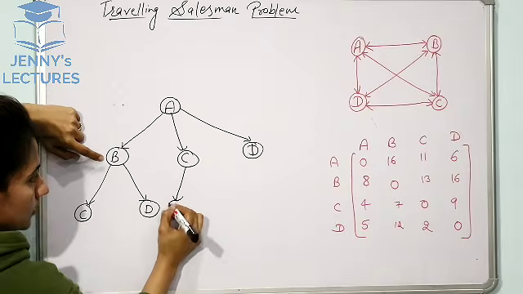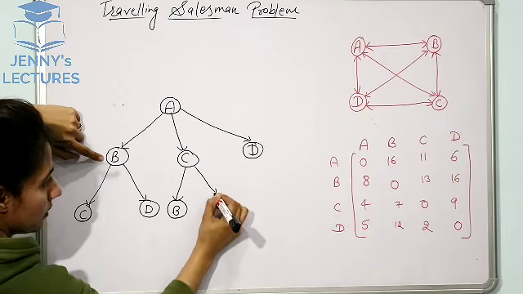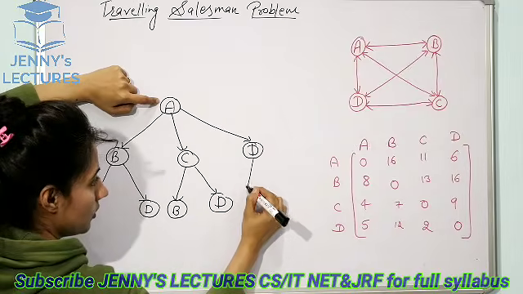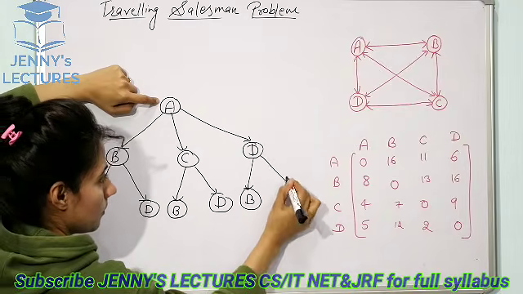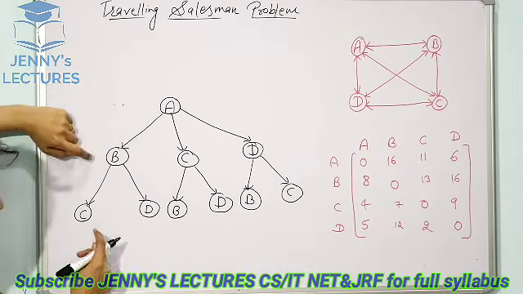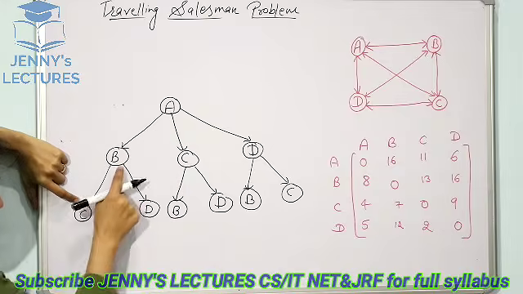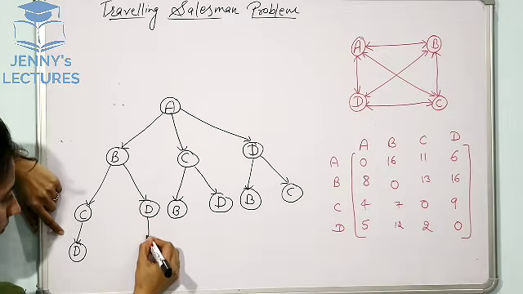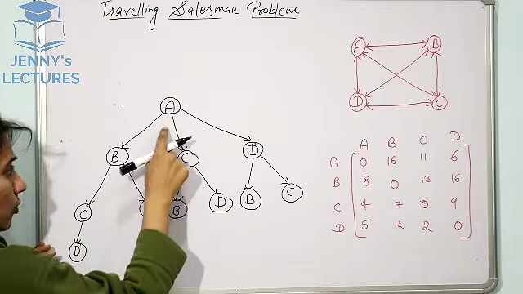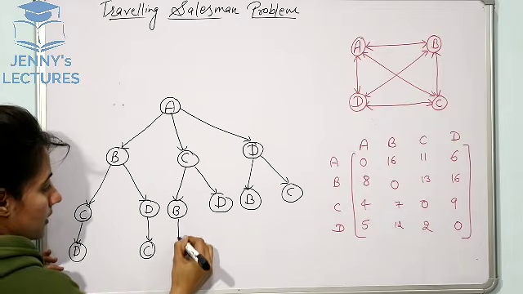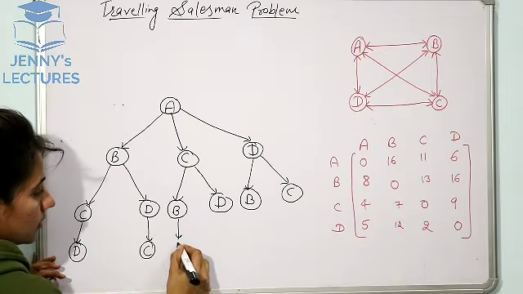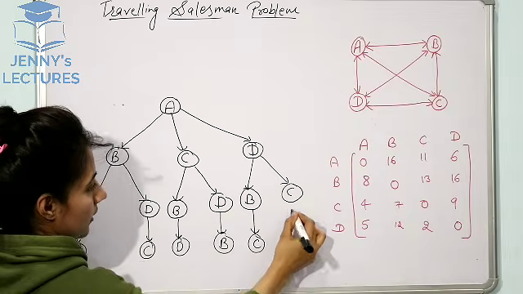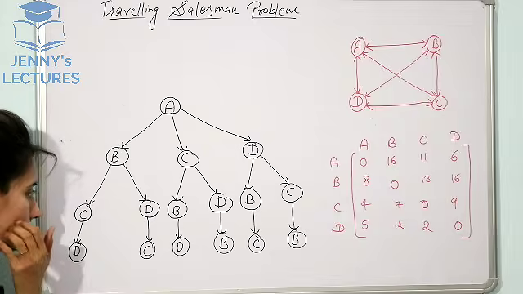And from C, similarly, he can go to B or D. And if he chooses the path A to D, then from D he can go to either B or C. Now let us suppose we are taking the path A to B, then C, and after that the only remaining vertex is D. Then after D he can go to A. Similarly for the other paths.